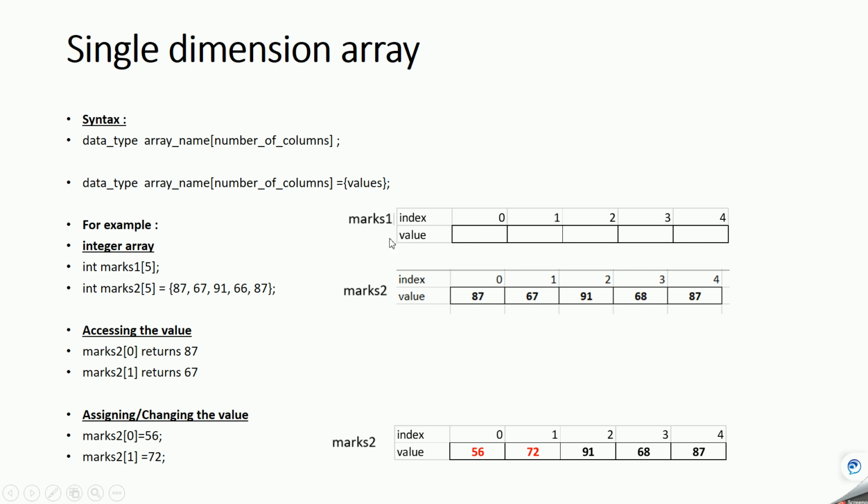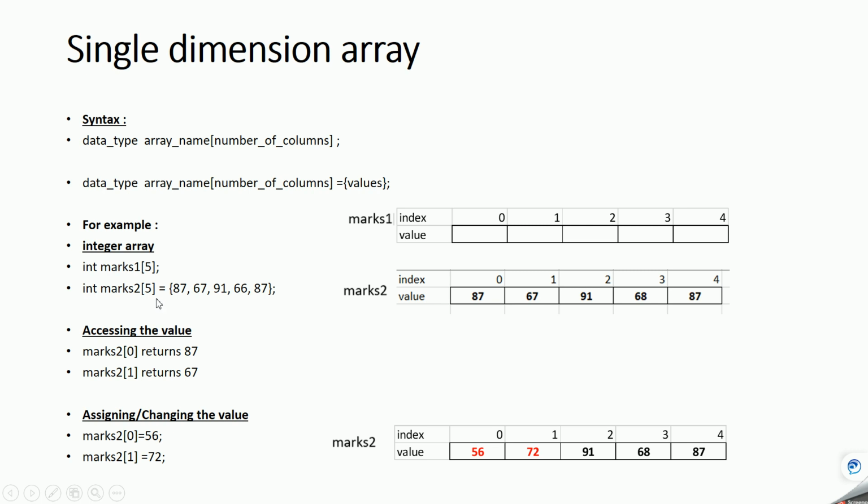Also, the first element always starts from position 0 in an array, and this is called the index. So index 1, index 2, index 3, index 4, like this. The first value always starts from position 0 in an array. That you must keep in mind.